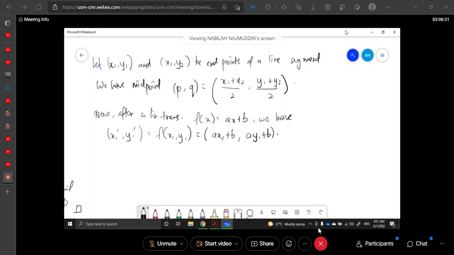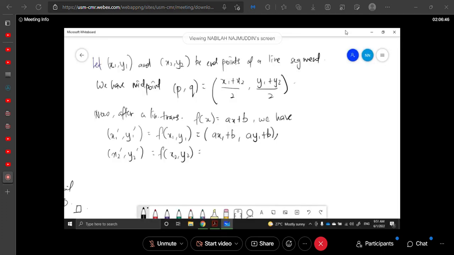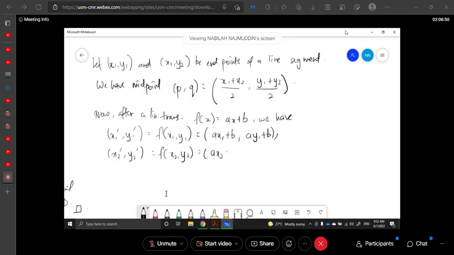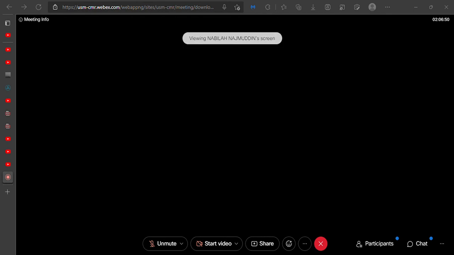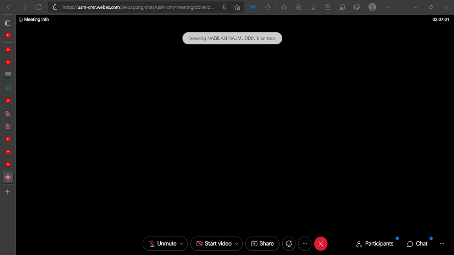And also we have x2, y2 under transformation f, we obtain this one. So we denote this point under transformation to be x prime, y prime. Okay.